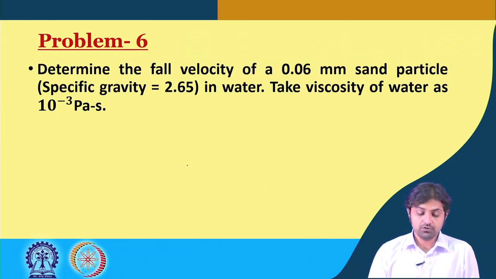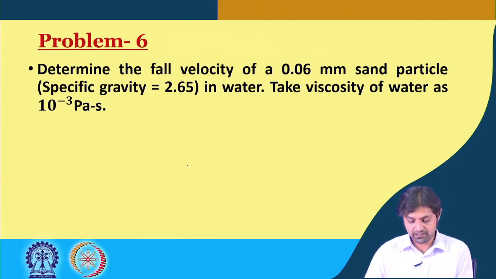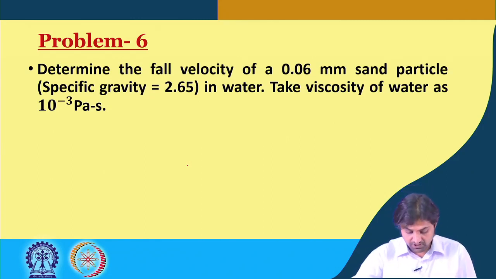Here you are given the diameter of the particle, and we have been given the specific gravity, therefore you know the density of the particle. Water properties you already know, and the viscosity has been given to you: it is 10 to the power minus 3 Pascal second. By this time you need not be given the viscosity of water all the time; you must have an idea how much that viscosity is.